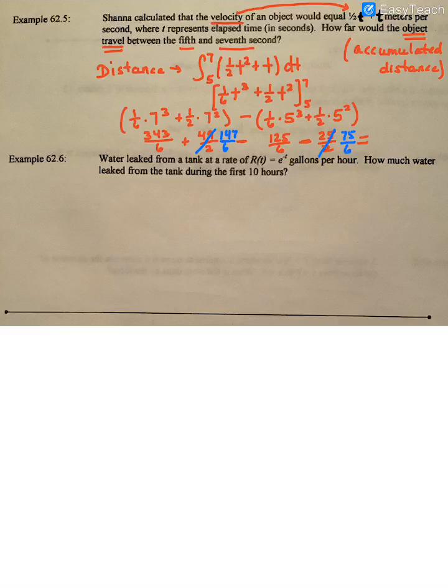The first two are going to be 490 over 6. This is going to be minus 200 over 6. So 290 over 6, both even, so they'll both divide by 2. 145 over 3. And what was I finding?